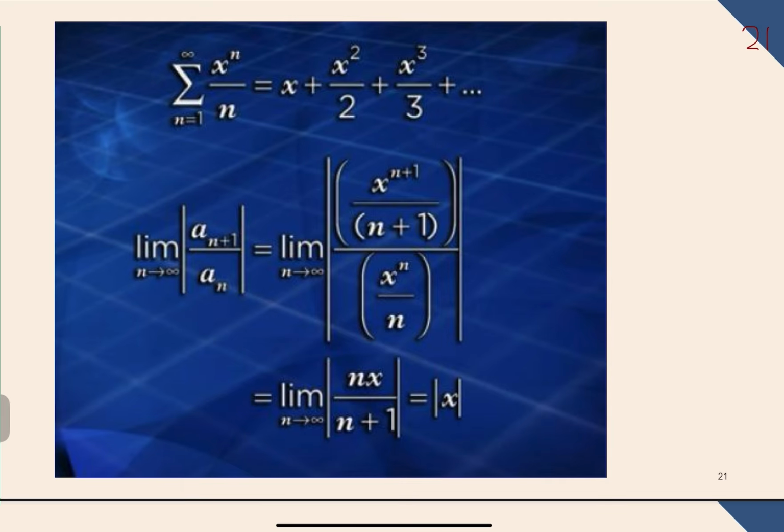Then we take the limit of the absolute value of this expression as n goes to infinity. N over n plus 1 goes to 1, so we're down to the absolute value of x. So the limit equals the absolute value of x.